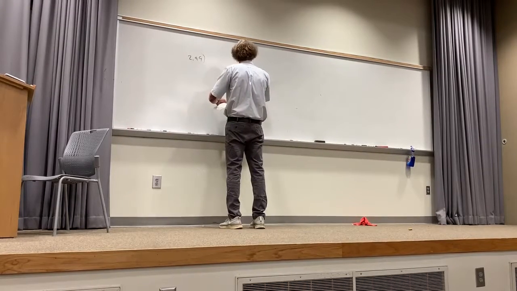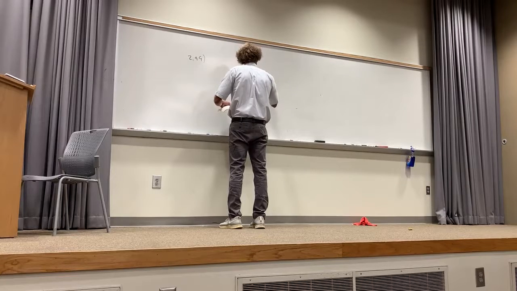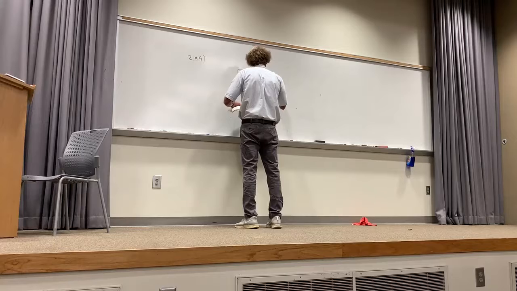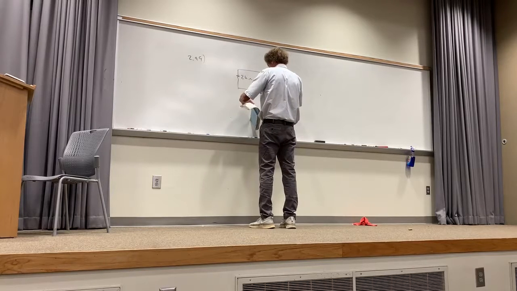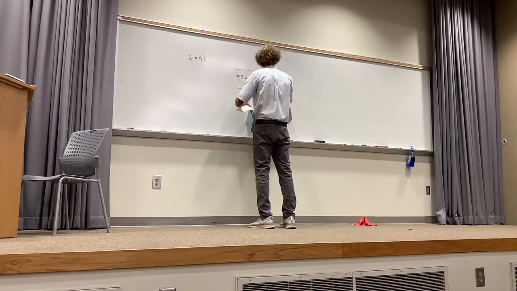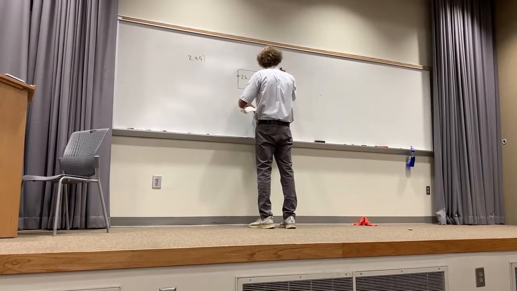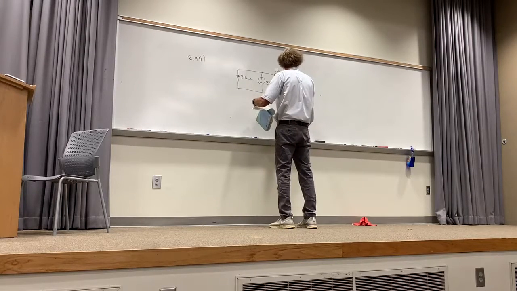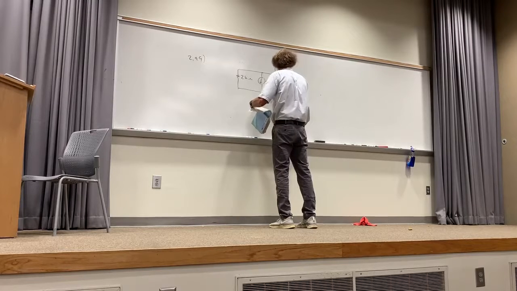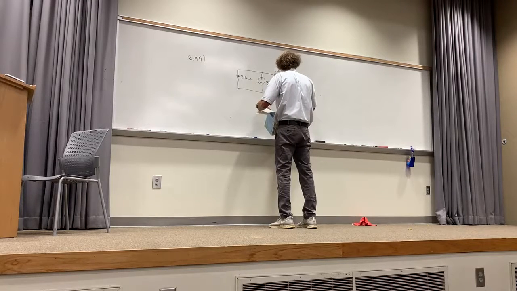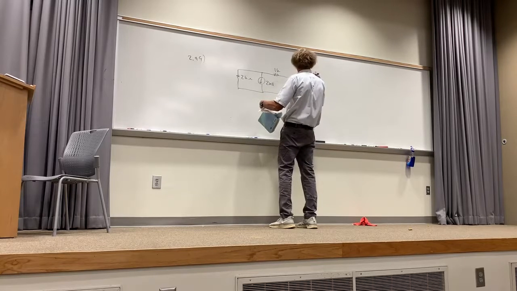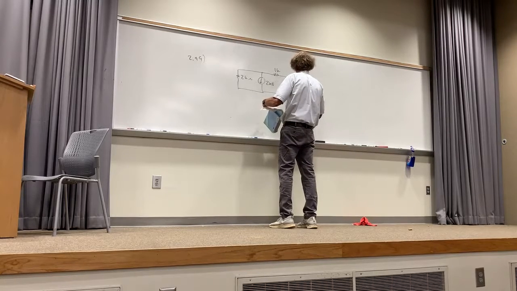Then I'm going to have a current here of 2 milliamps flowing down. Then I'm going to have a 1K resistance here. And then a 4 milliamp current flowing up. And then I'm going to have 2K here.